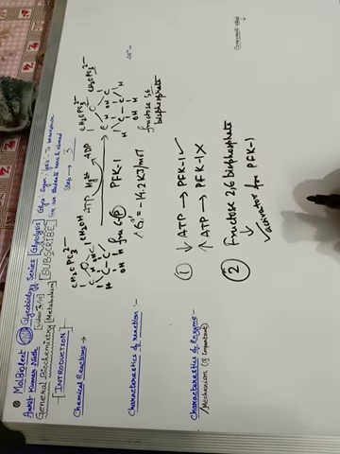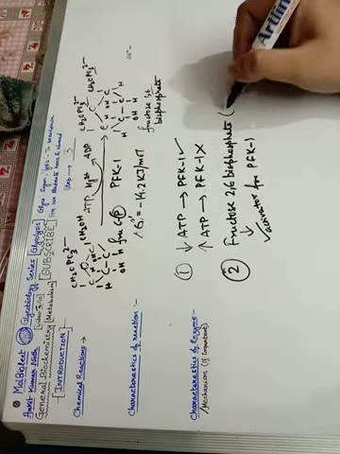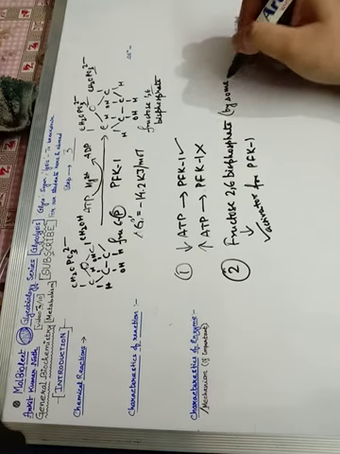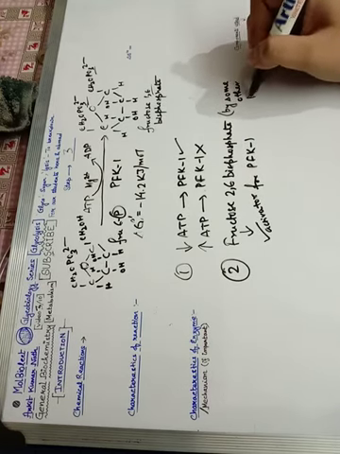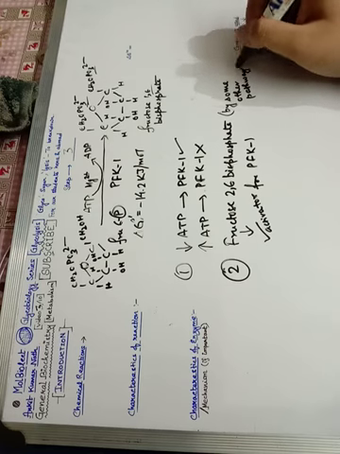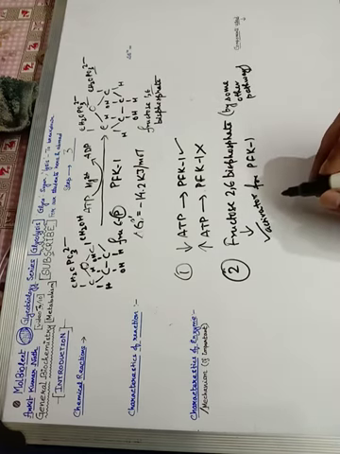So whenever fructose 2,6-bisphosphate is produced by some other pathway, not by the glycolysis pathway, which we will deal with later, then PFK1 is activated.